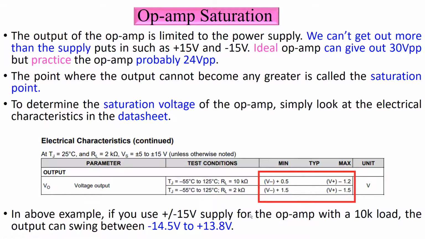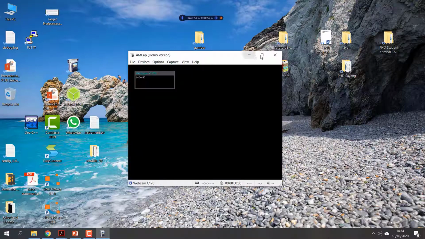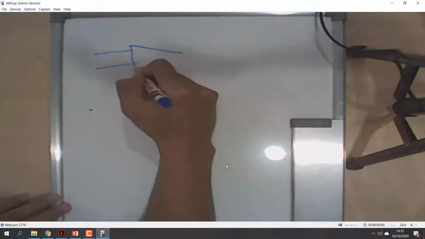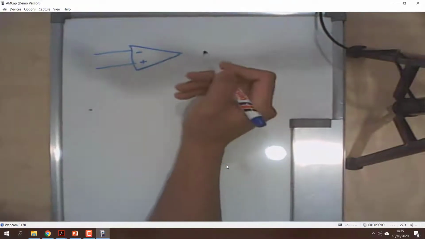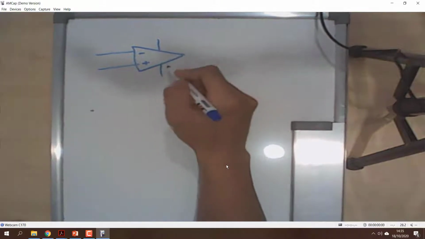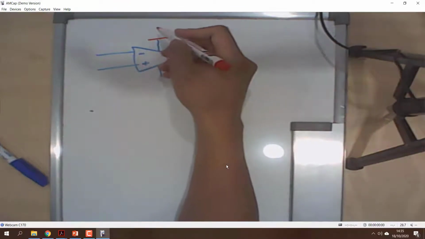Let's make it clear. It's a simple thing. Look at this one. This is your op-amp, with minus and plus, and this is your supply. Let's do a single supply operation.